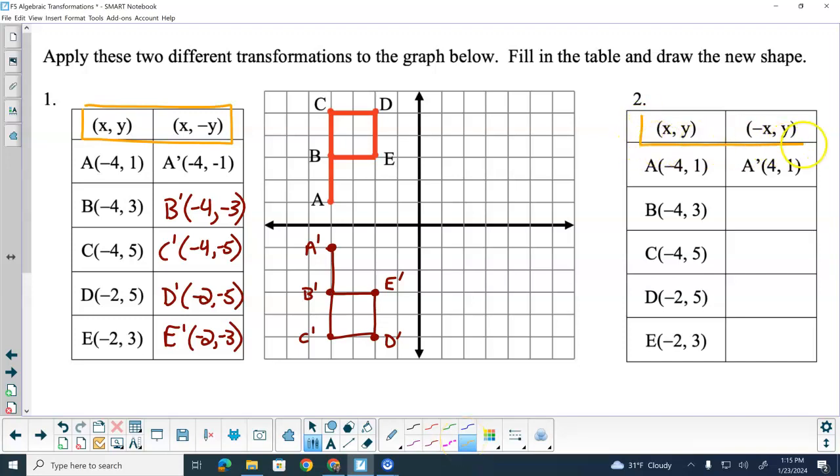New rule for number 2. Austin, we left off with you. What are we doing with our x's in our new rule for number 2? Jake gave us 3 different ways.